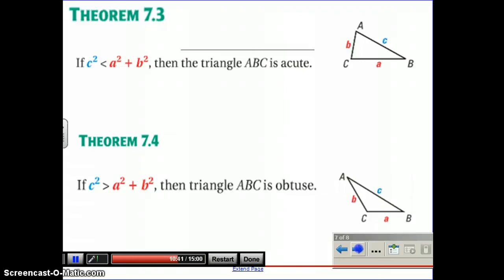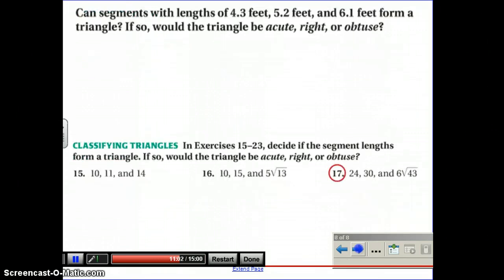Now, notice we have the Pythagorean theorem written slightly backwards, and there's a reason for that. If you do the Pythagorean theorem and you get that c squared is less than a squared plus b squared, that means that the triangle is acute. If c squared comes out greater, that means it is obtuse. Okay, so let's try some examples.